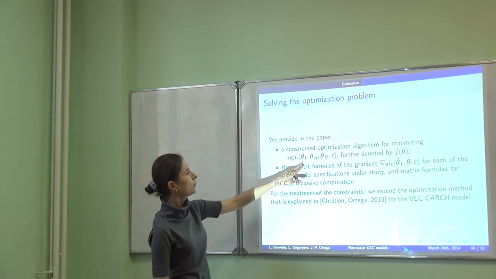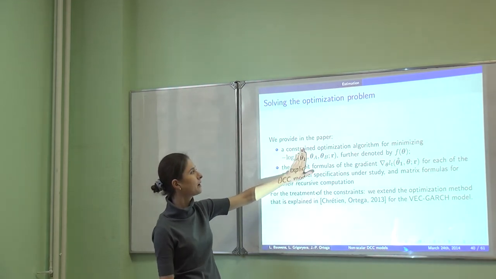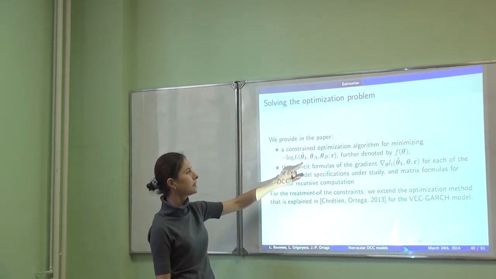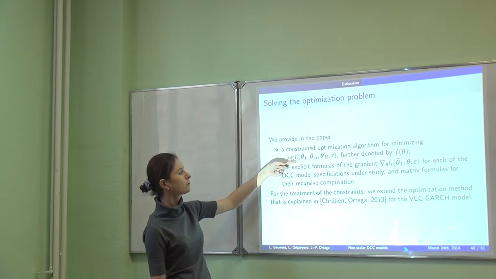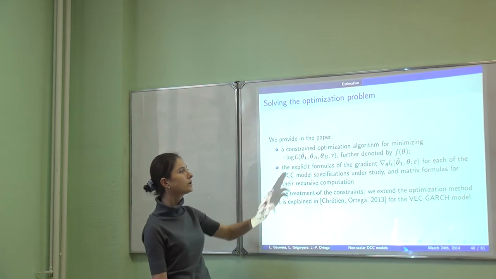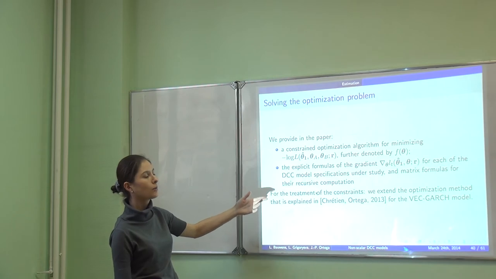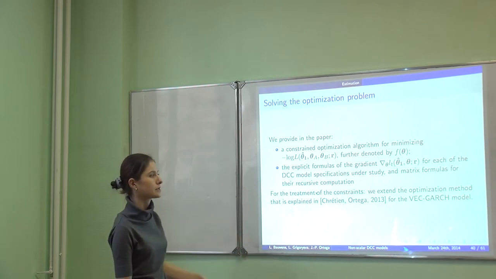We have these common parameters that come from the first stage, which are common for all the models, and we forget about them. What we're interested in is how this log likelihood function depends on these parameters in order to come up with a gradient of this log likelihood. And of course, we will be able to estimate the parameters.